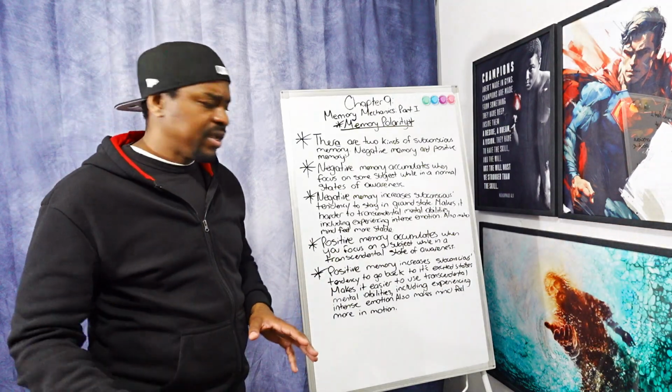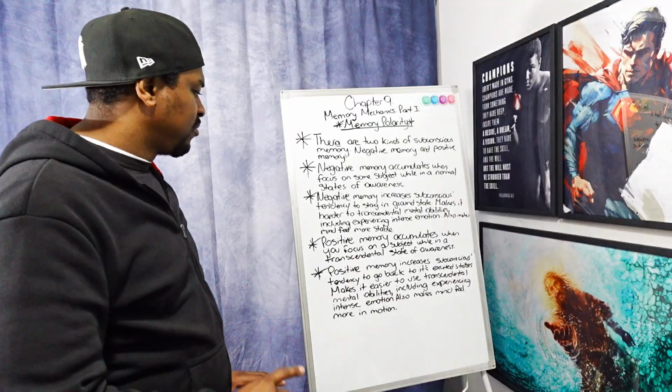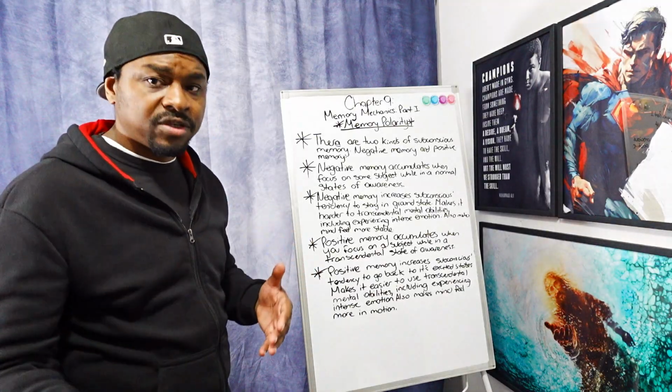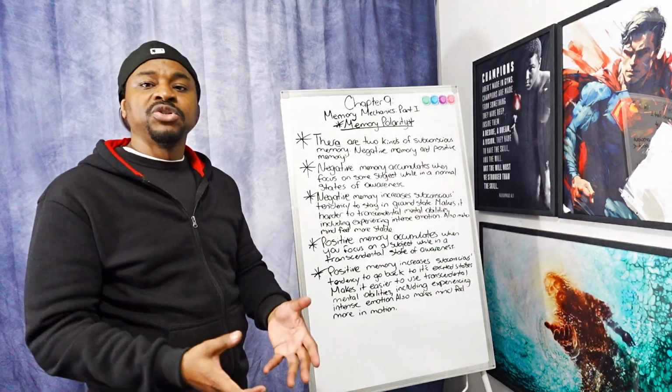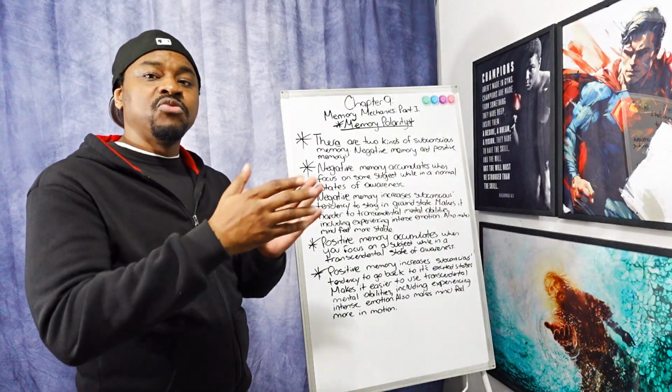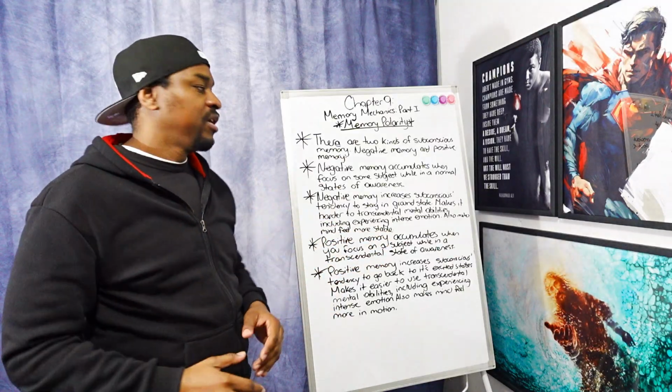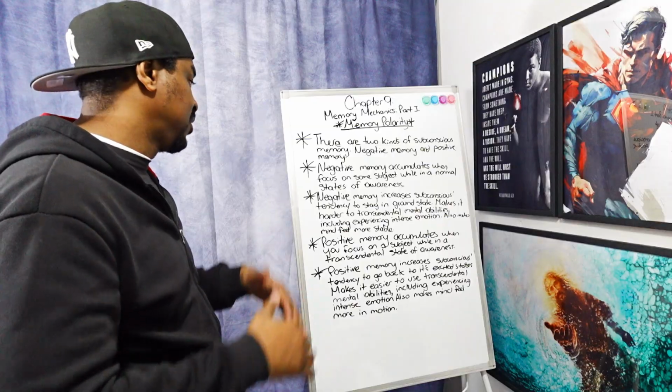I think there's one other thing I want to go over first, which I go over in the book. But yes, positive subconscious memory has an energy component which can be built up, so the memory becomes more and more positive, but then it can also discharge, and the memory becomes less and less positive.